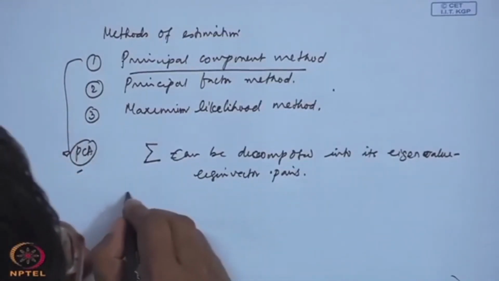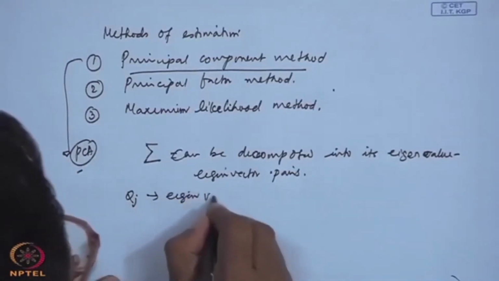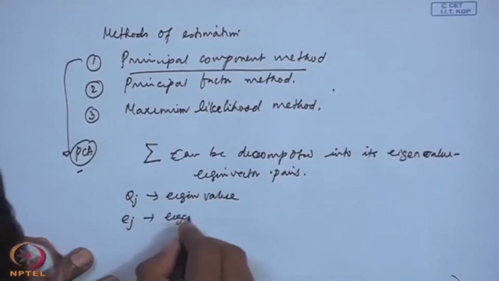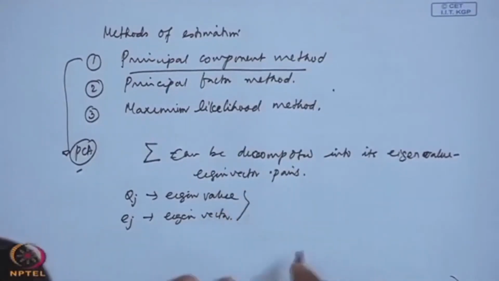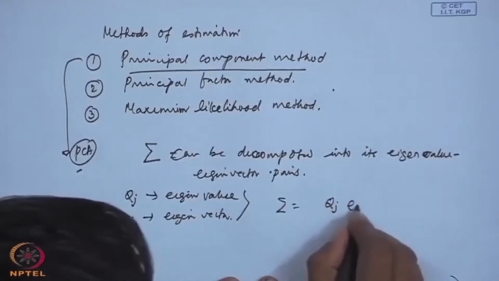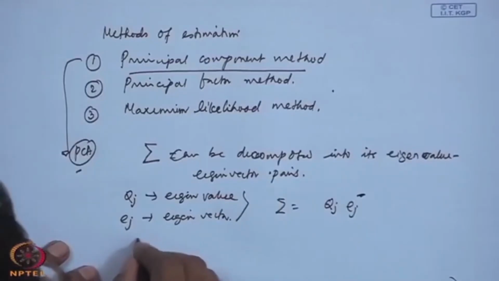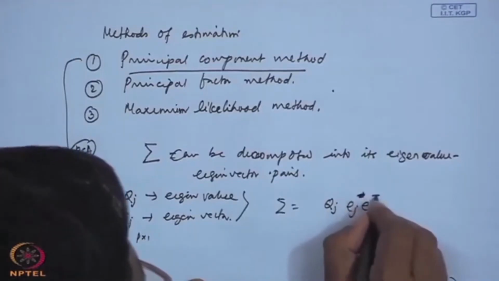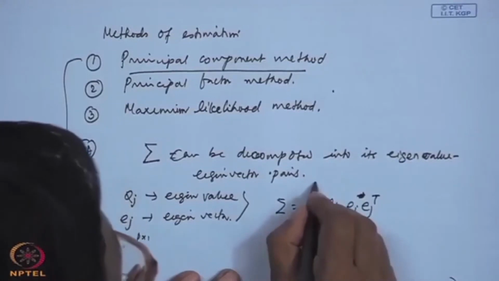Actually, if I say that Qj is the eigenvalue and Ej is the eigenvector, then you can write that sigma is the summation of Qj Ej Ej transpose, where Ej is p cross 1, for j equal to 1 to p.